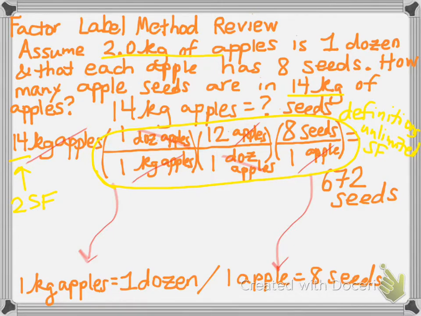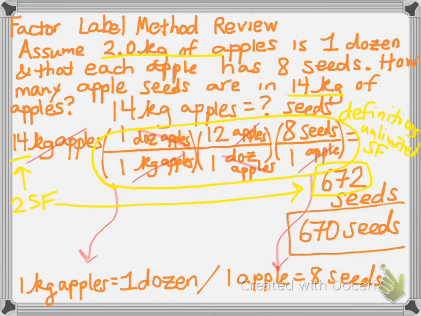So for our answer here, we're limited by this 2 significant figures. So we really can't write this answer as 672 seeds. We need to only have 2 significant figures. 672 would have 3 significant figures. So we really need our answer to say 670 seeds. So our final answer is 670 seeds.